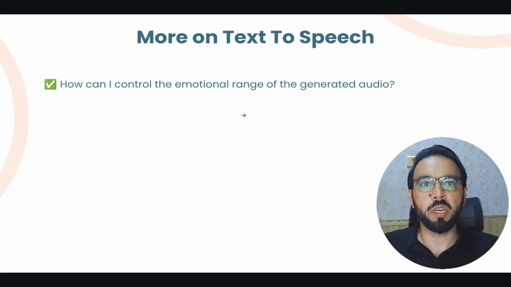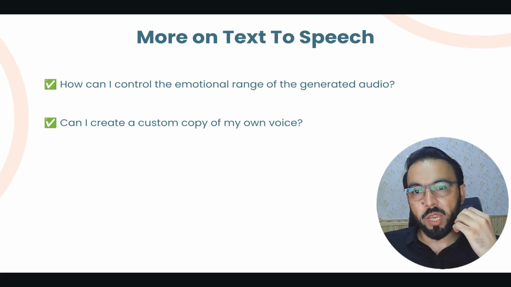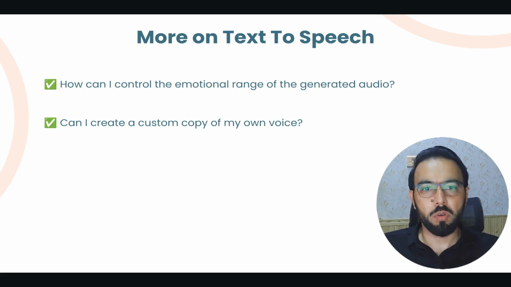You cannot control that with the OpenAI text to speech model. The other thing is, can I create a custom copy of my voice? That is not possible. As we saw in the demos, there are 6 different voices supported in the text to speech model, and you can convert your text into speech only in those supported voices. So you cannot create a custom copy of your own voice.